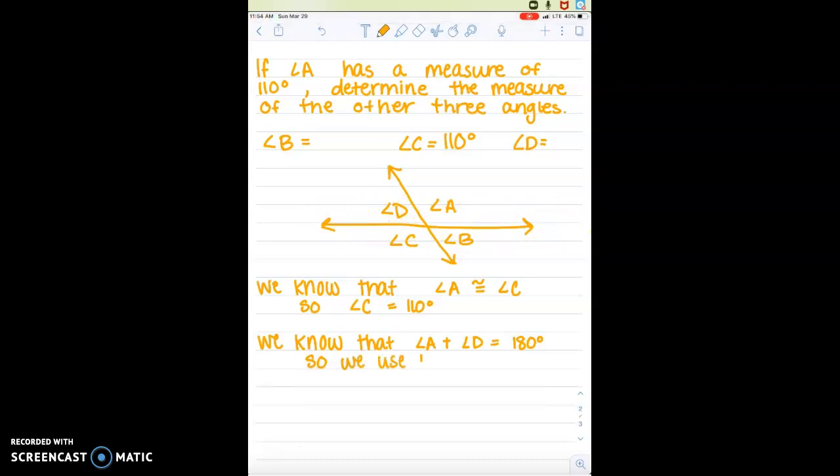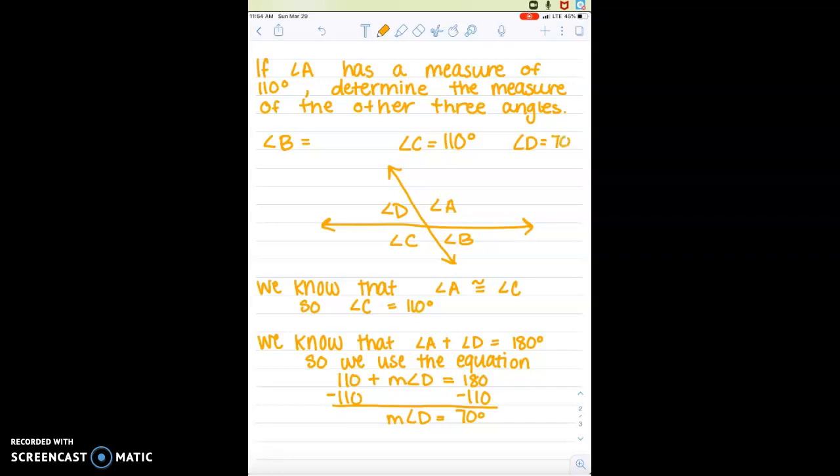So we use the equation 110 plus the measurement of angle D, that's what that M is in front of it, it's just saying the measurement, equals 180. So we're going to subtract 110 from both sides. And we're going to find out that the measurement of angle D is going to be equal to 70 degrees.